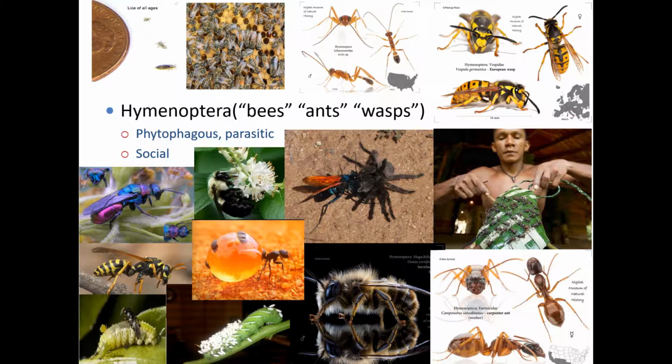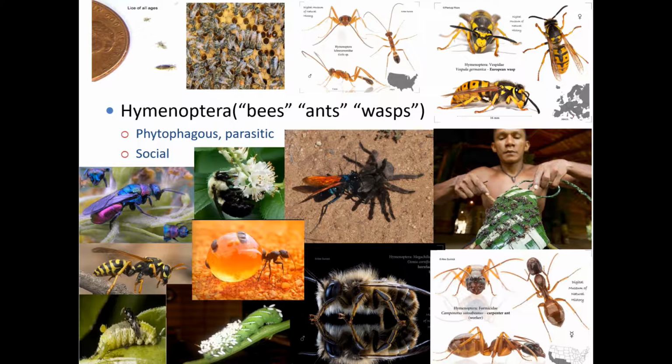Now, most species of Hymenoptera are narrowly adapted to specific habitats or specific hosts. We've got our phytophagous or plant-feeding insects, we've got our parasitic Hymenoptera, and some of them are social. You can find them exploiting all manner of niches, from a specific type of flower, say, to a specific organism.